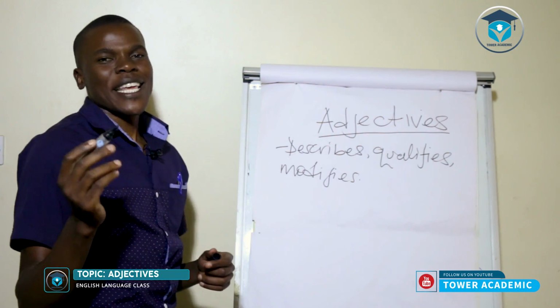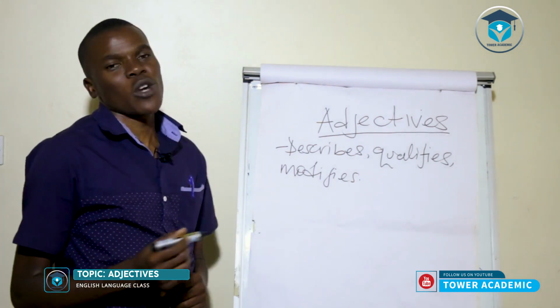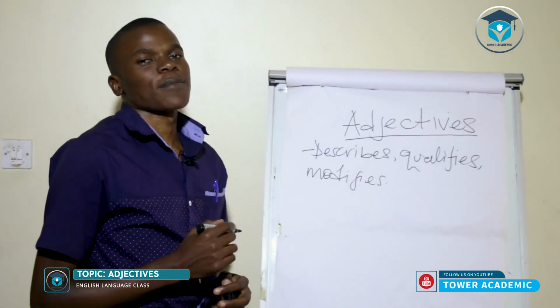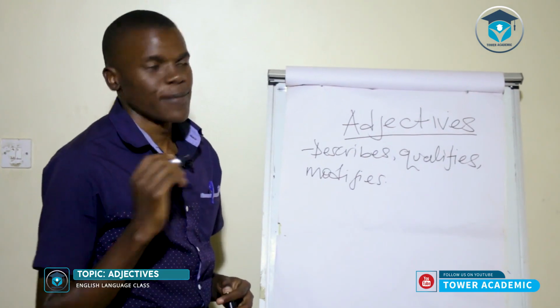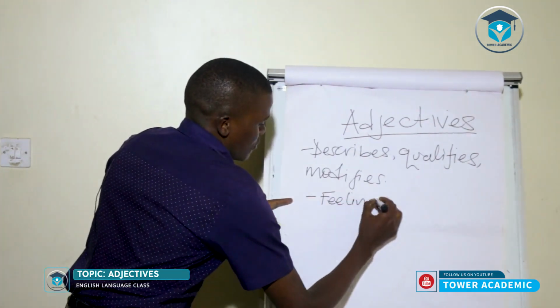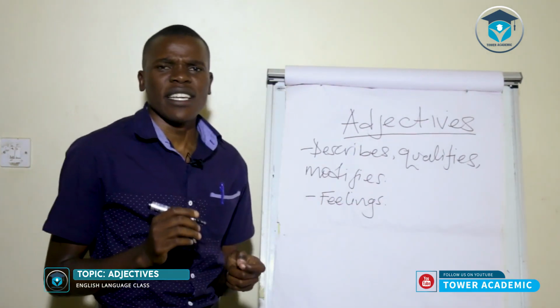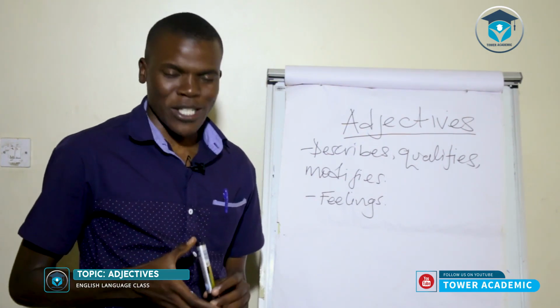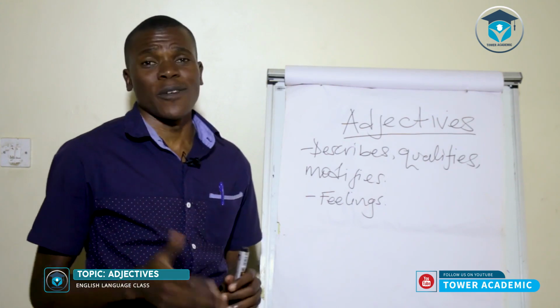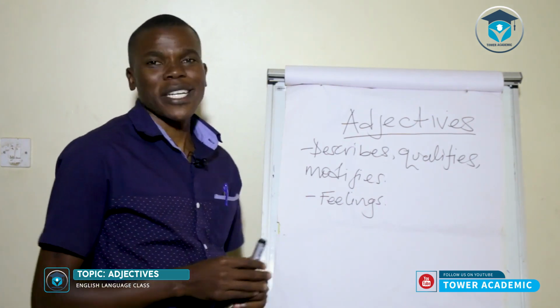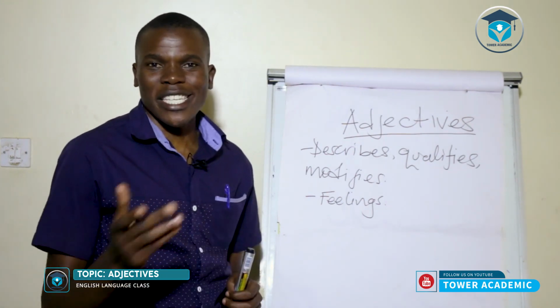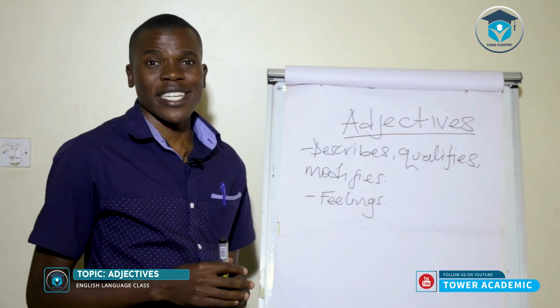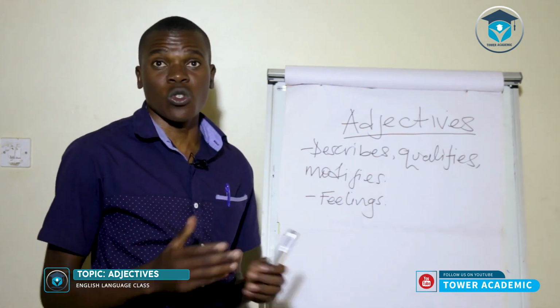Well, they describe what we call feelings. Adjectives describe feelings, dear friends. One time I have this analogy to tell you, about a bee. A bee went and reached a certain water hole, and while there it found a gentleman who was also trying to get water.